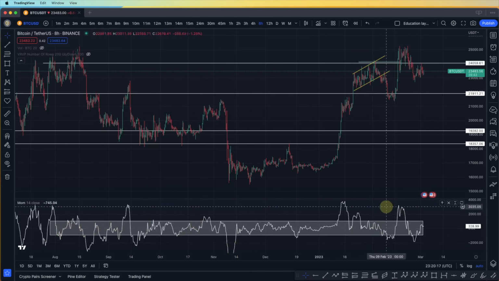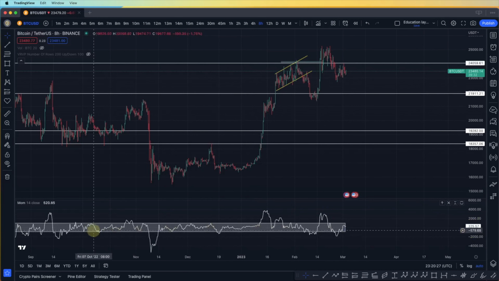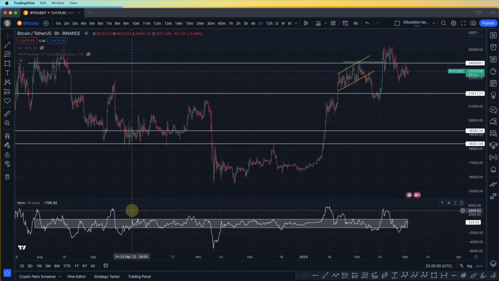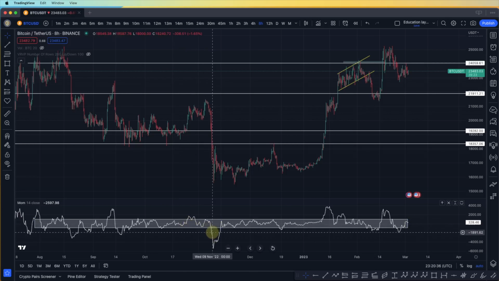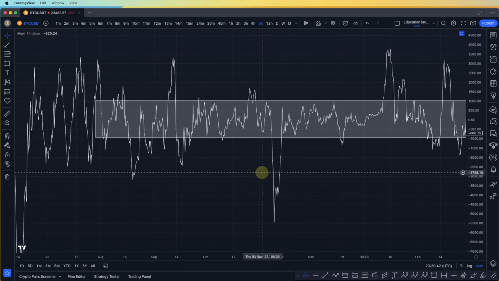After dragging the rectangle around the identified area of the ranging on the momentum, we're going to find the areas that break above and break below the rectangle. I'm going to make it a little bit bigger.